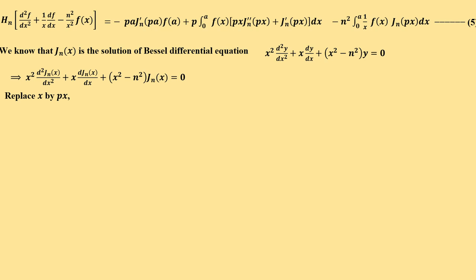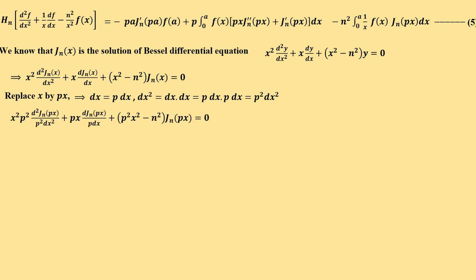Replacing x by px in the above: p square x square, dx becomes p dx, dx square becomes p square dx square. So x square p square d square Jn of px by p square dx square plus px d of Jn of px by p dx plus (p square x square minus n square) Jn of px equal to 0.